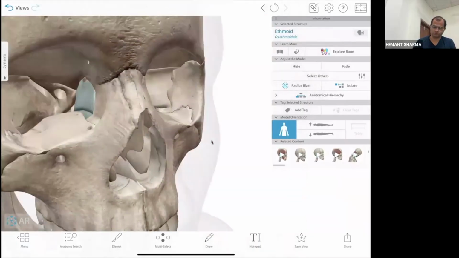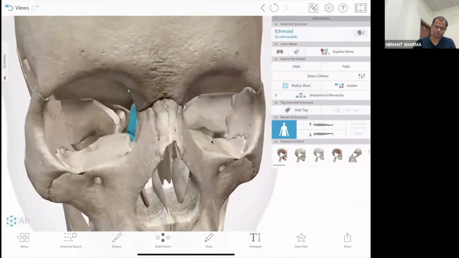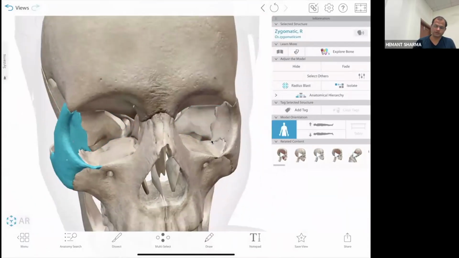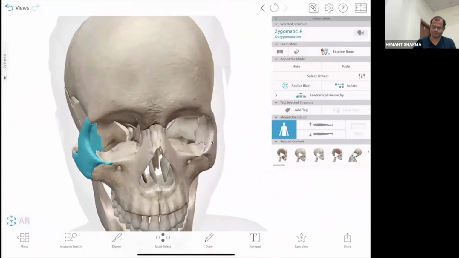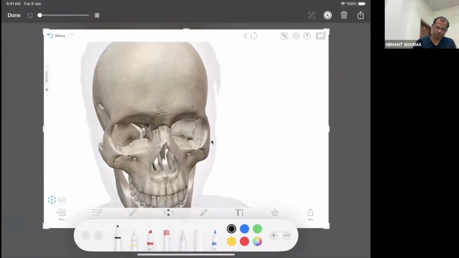Ethmoid bone. So lots of bone around together make the eye orbit. In the eye orbit, we have multiple bones like this bone, this bone, inner bone. Here is the sphenoid bone.